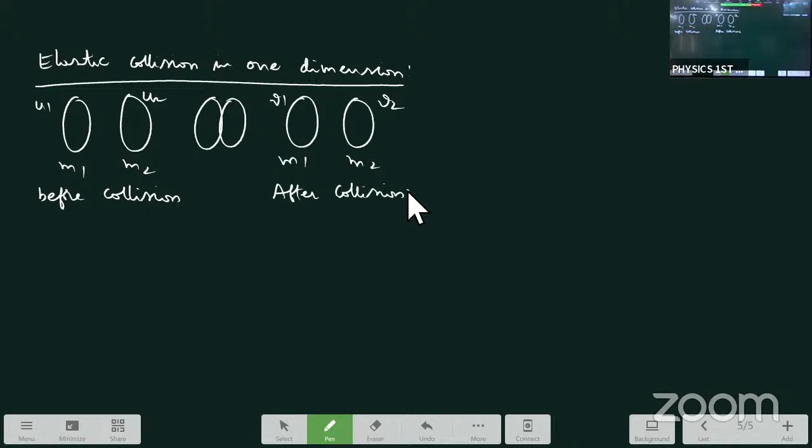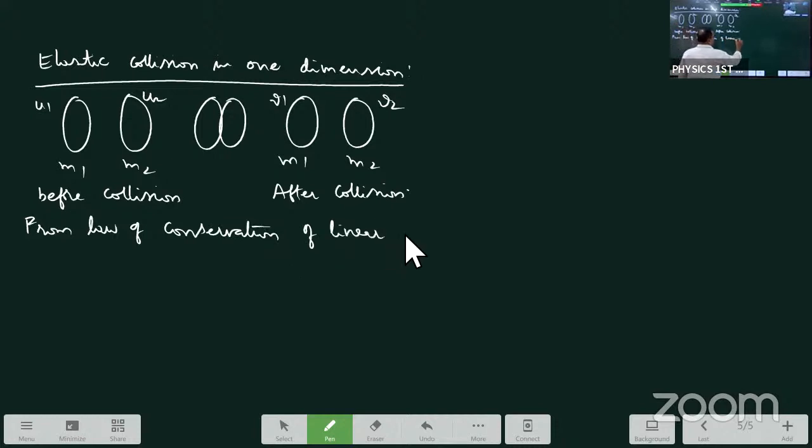As per the law of conservation of linear momentum, we'll discuss now. What is the law of conservation of linear momentum?